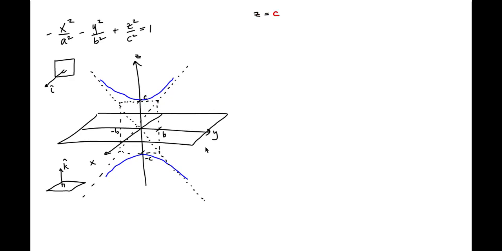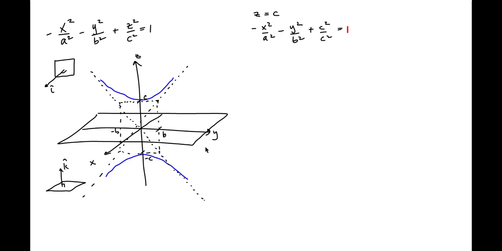Now we see from our sketch here that that's going to be the vertex of our hyperbola in the ZY plane. So if Z equals C, we have minus x squared over a squared minus y squared over b squared plus c squared over c squared is equal to 1.